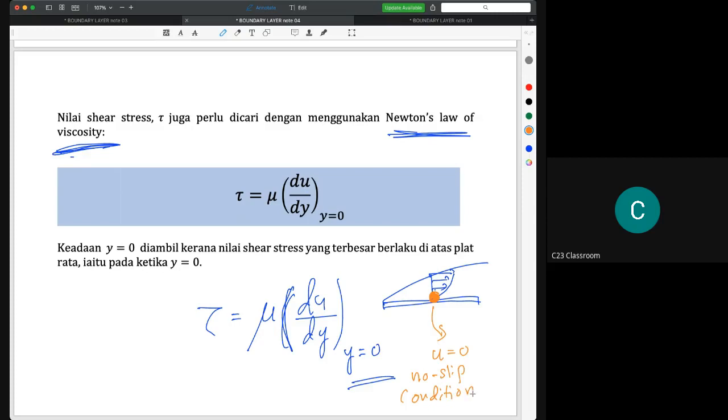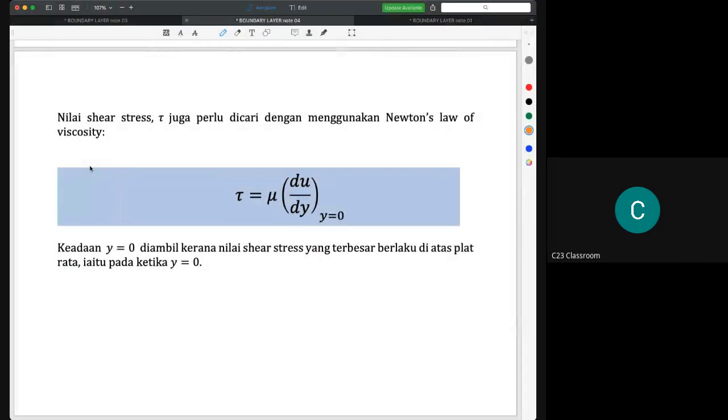This location occurs at y equal to 0, where y is the y-axis. I hope you understand that shear stress using Newton's law of viscosity can be calculated by using this idea: tau is equal to mu du dy at y equal to 0.